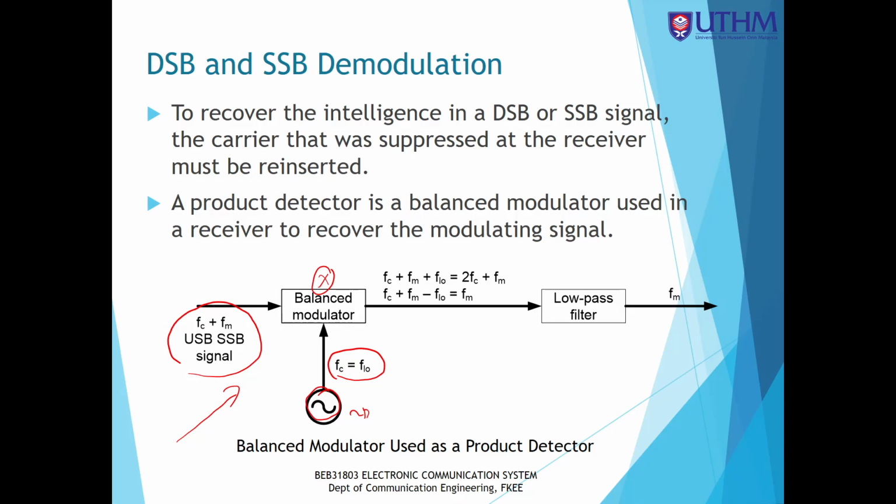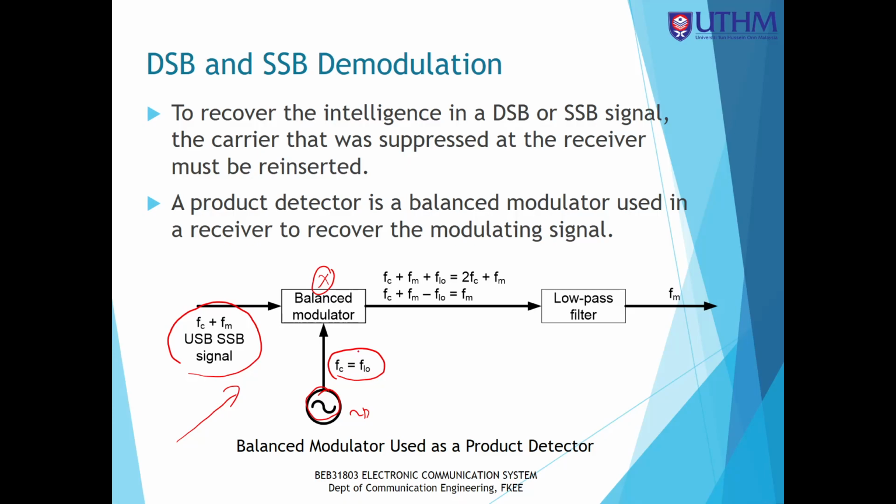Remember that when we send the signal from the transmitter, the signal is actually centered at the carrier frequency. So when we want to recover the signal, we need to make sure that it resonates at the carrier. That's why we inject the carrier frequency in the balance modulator.